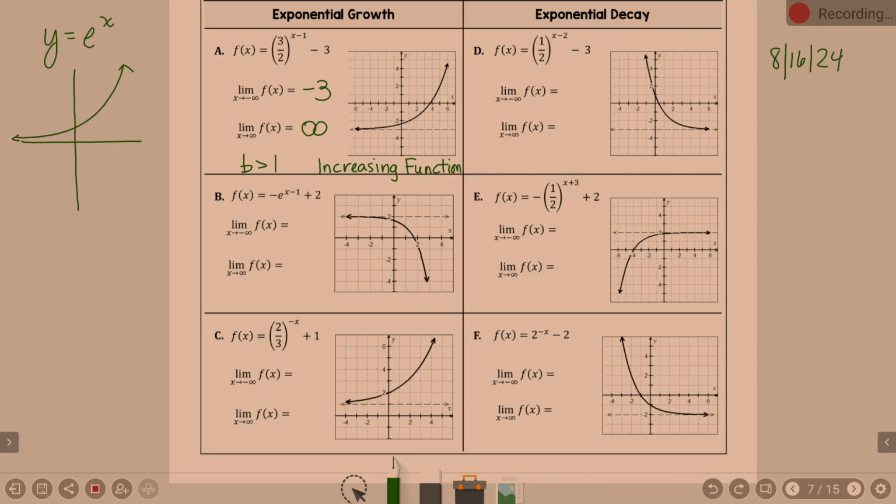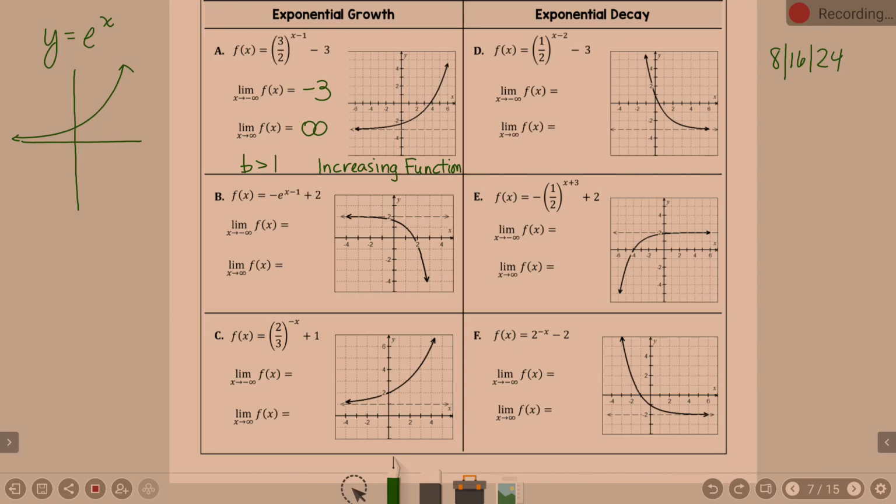The plus 2 is going to move the graph up 2, but that negative out front reflected it across the x-axis. My apologies, I said y-axis at first.